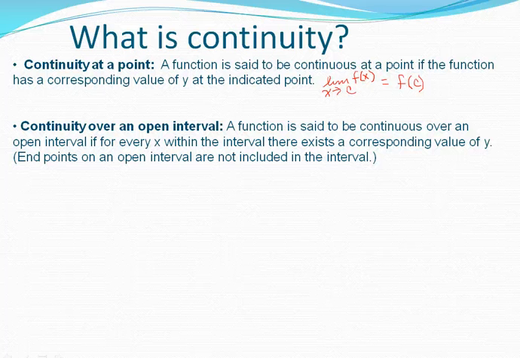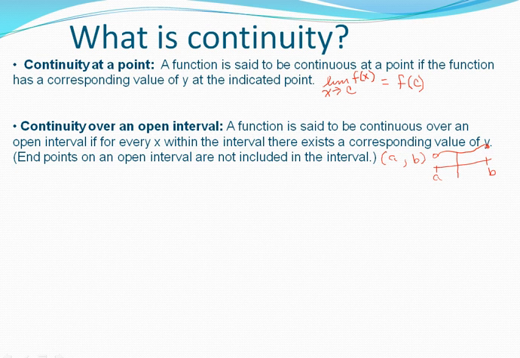The second type of continuity we're looking at is open interval continuity. Remember, when we use parentheses to describe an interval, it means that the boundaries are not included. So if I look at the graph of an open interval, whether or not my endpoints have actual y values on the graph is irrelevant, because I'm not looking at them as part of my interval.